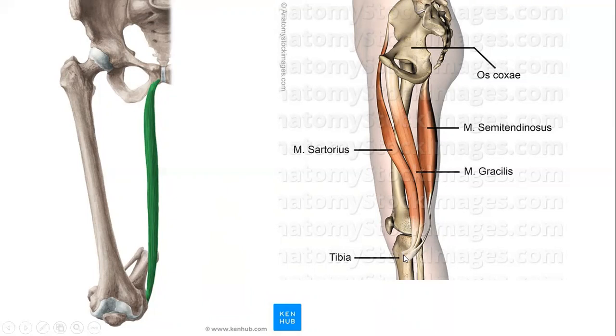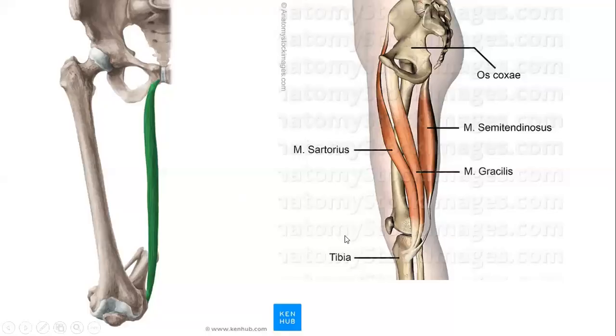Their distal attachment gives an appearance of a goose foot, hence named pes anserinus. Another significant point related to these three muscles is that they cross two joints, proximally the hip joint and the other the knee joint.